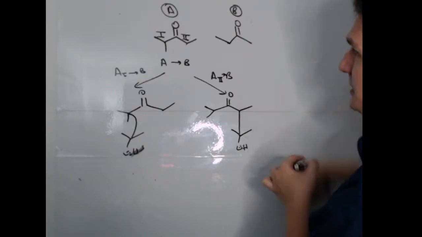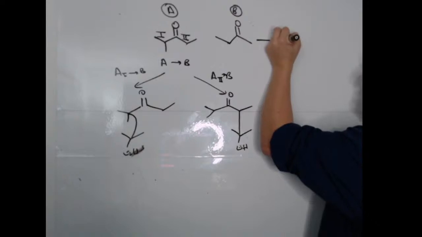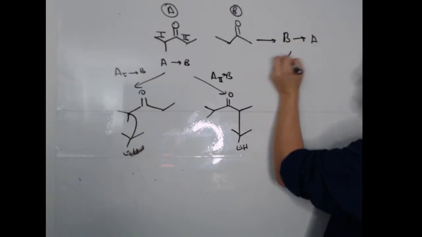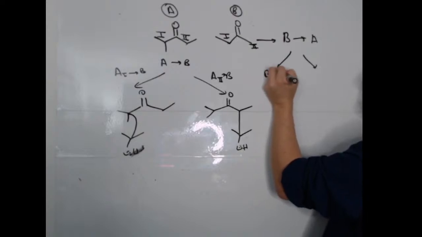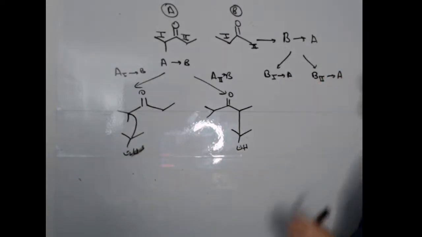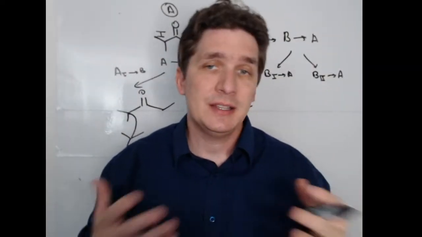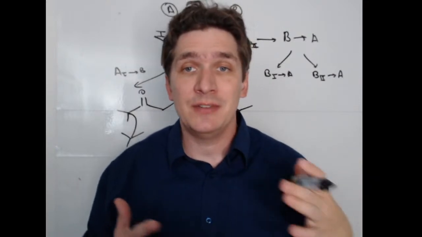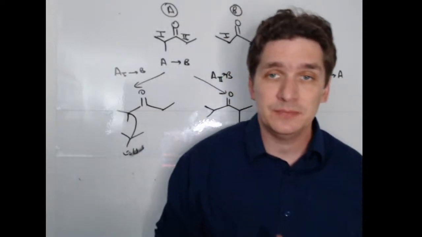So if they're both different and they're both asymmetric, we would have B attacking A, but we'd have to consider the two different carbons. So the first carbon attacking A and the second carbon attacking A. And you would kind of get this tree diagram where you had to consider every combination of alpha carbon attacking the other ketone. This is what I mean.